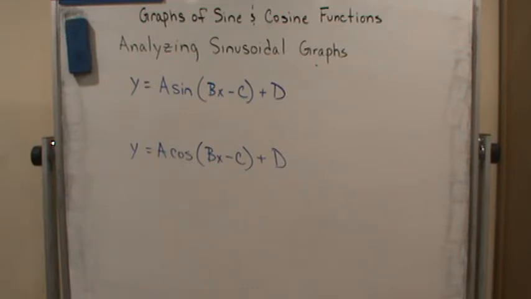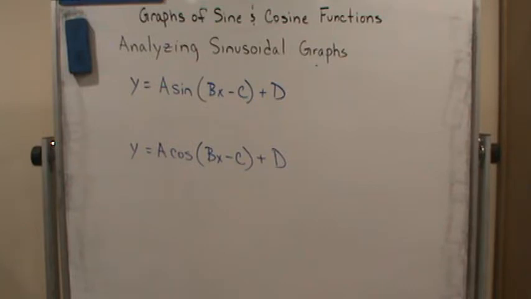First of all, the midline. If you notice, this graph goes from 1 to -5, so it has an amplitude of 3, because it has a range of 6.